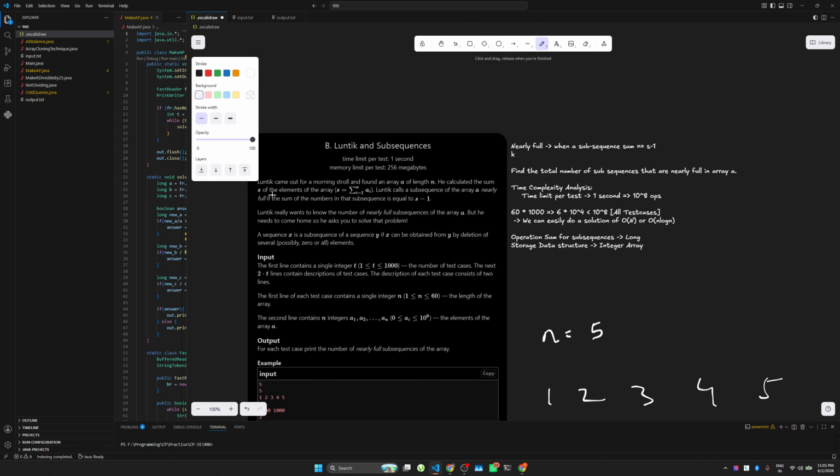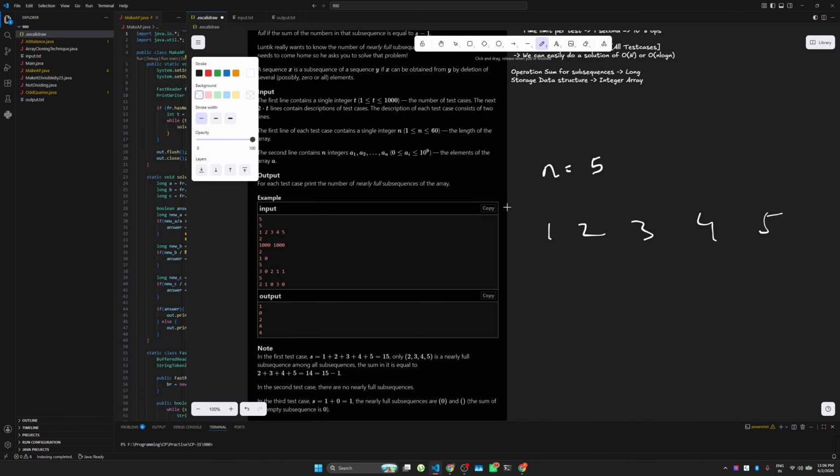He calculated the sum S of the elements of the array. A subsequence is nearly full if the sum of the numbers of that subsequence equals S minus 1. Okay, so this is a subsequence.